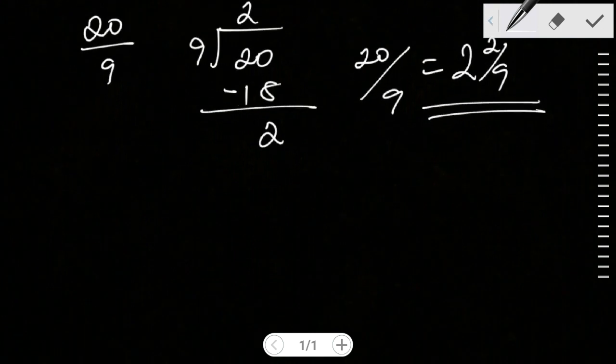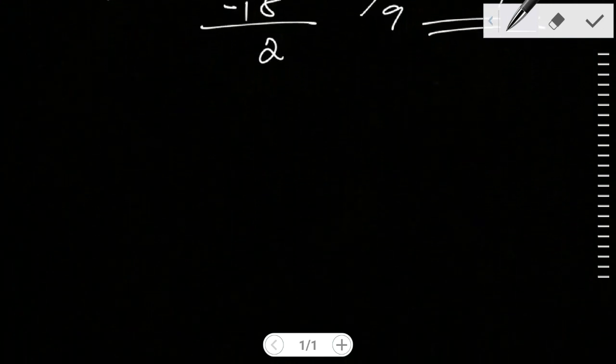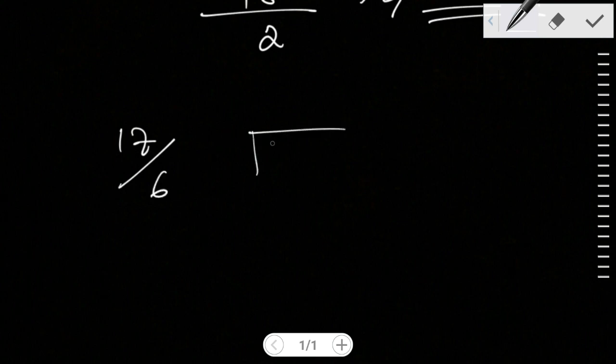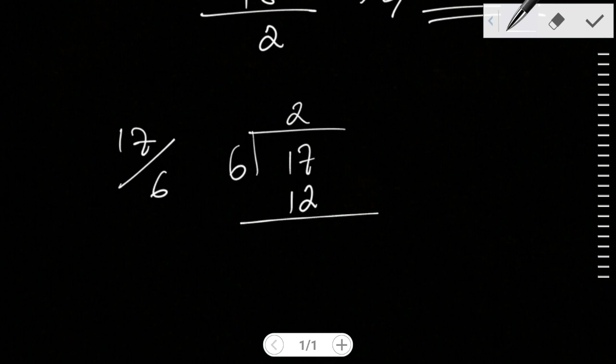Now, let's have one more example. If I have 17 divided by 6, to write this as a mixed fraction, I would have 17 divided by 6, which goes in 2. Then 2 times 6, I would have 12.